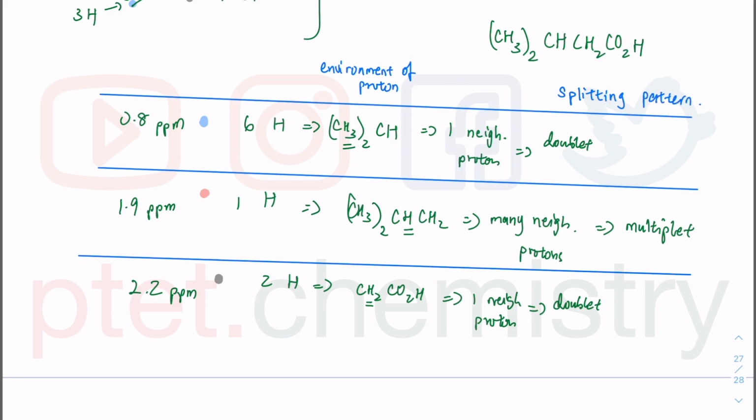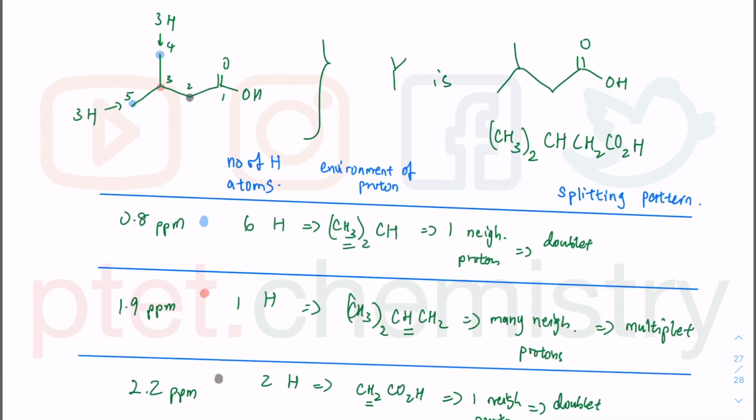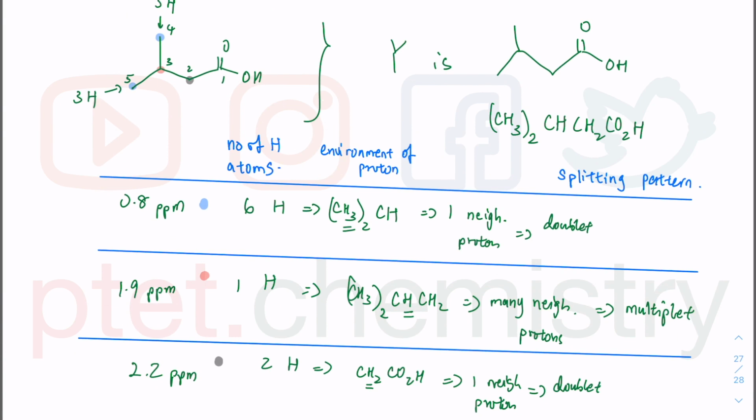Number of hydrogen atoms responsible for the peak. This is the integrated ratio, number of hydrogen atoms responsible for the peaks. So I've not done them in exact order, but I hope that makes sense in terms of what we have counted based on these particular things that we have discussed.